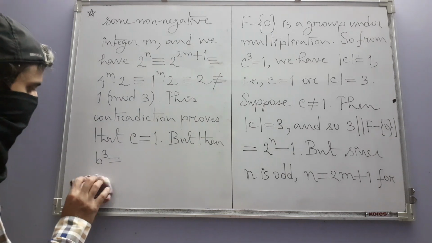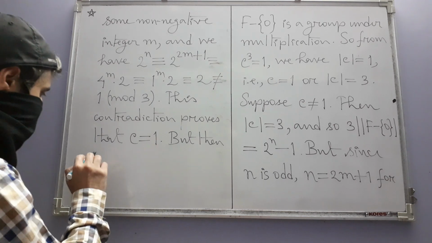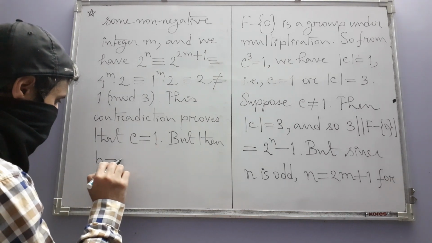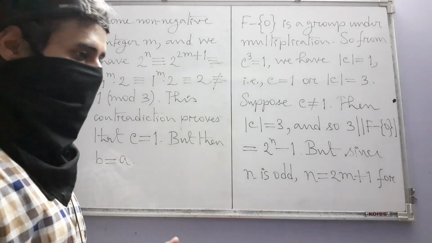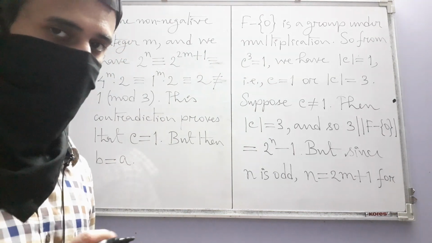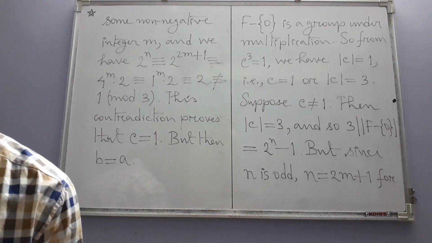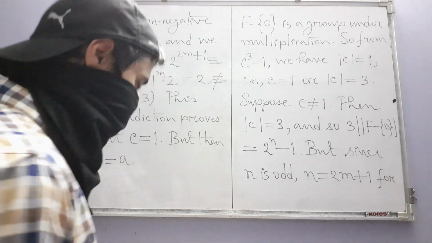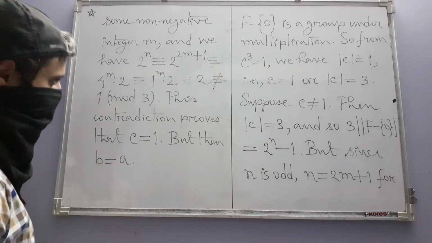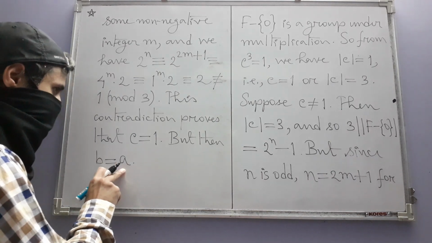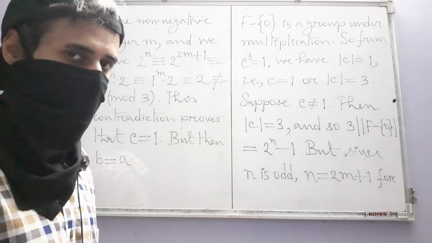C is just simply B over A. So B must be equal to A. But do not forget that we are still under a supposition, that first supposition. So now what can we do with this new information? We can apply it to the given hypothesis that A square plus AB plus B square is equal to 0.